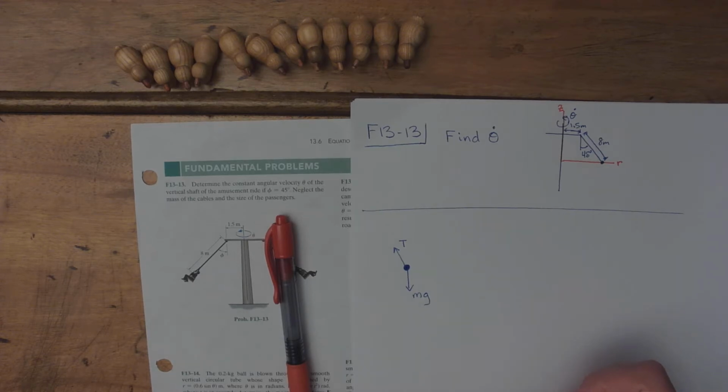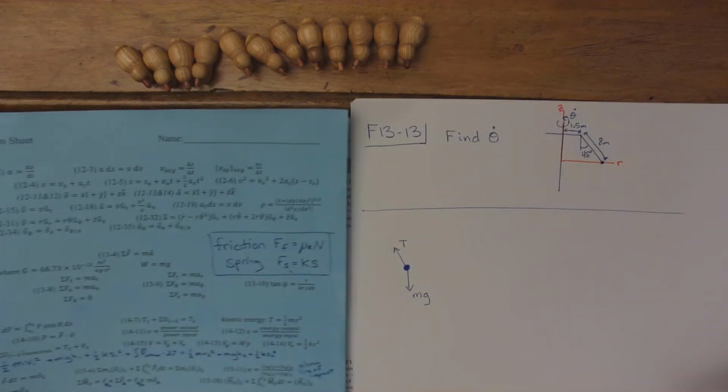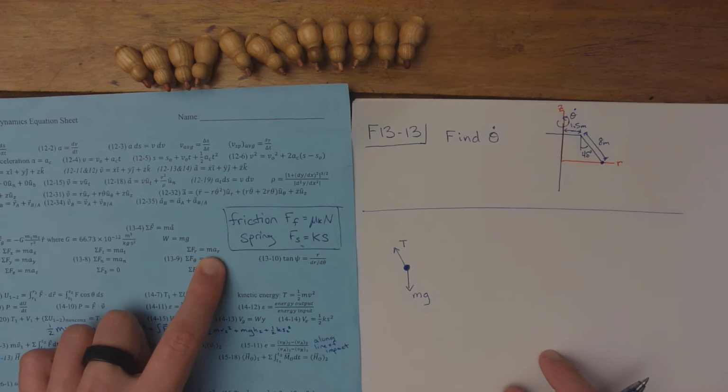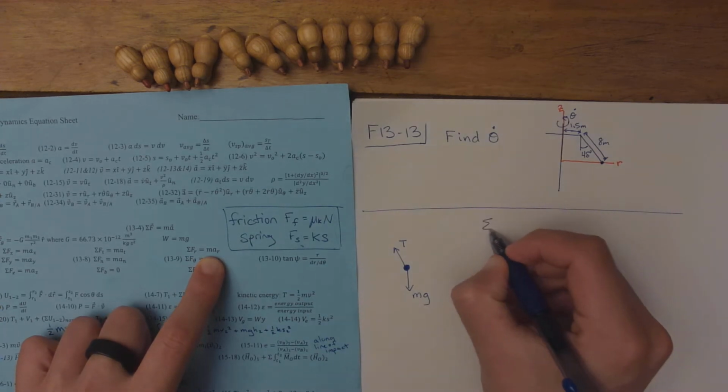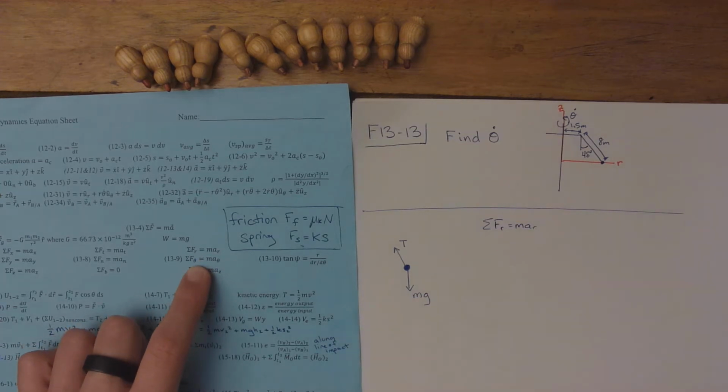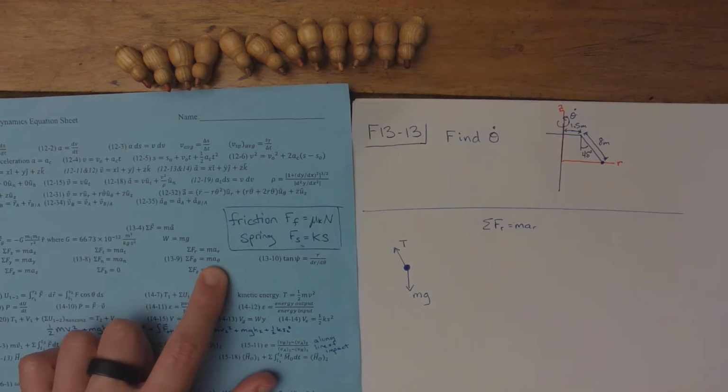So now I take a look at Newton's second law for cylindrical coordinates. I have the sum of the forces in the radial direction is equal to the mass times the acceleration in the radial direction. I have the sum of the forces in the transverse direction is equal to the mass times the acceleration in the transverse direction.